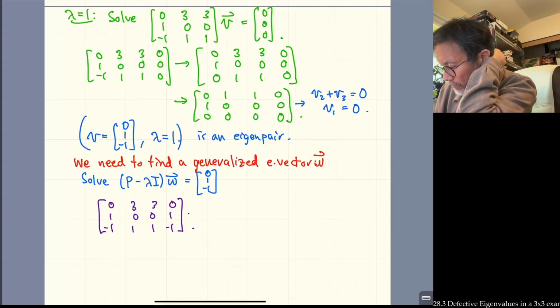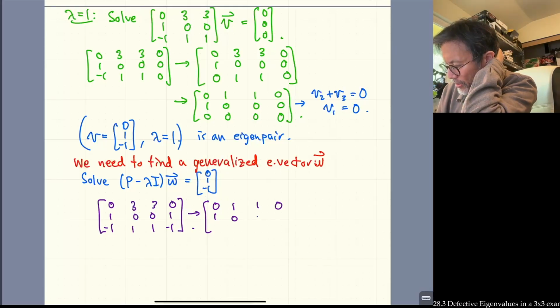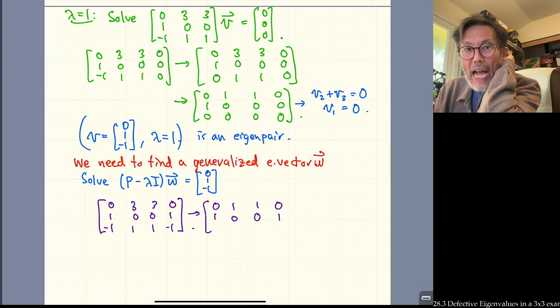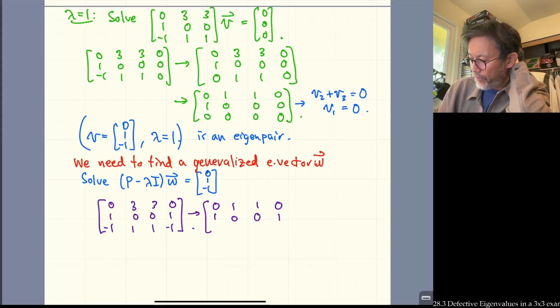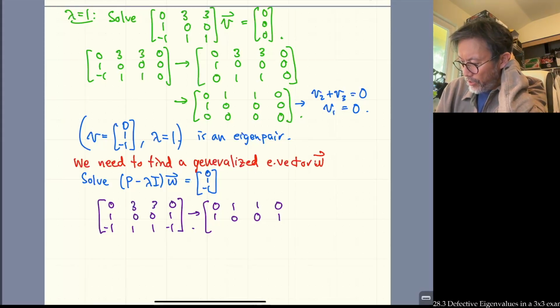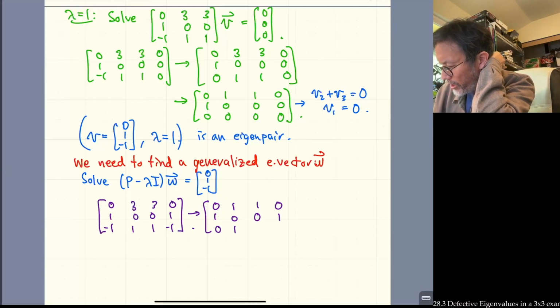Well, let's do row reduction. I'm going to multiply row 1 by 1/3. I'm going to leave row 2 intact, and I'm going to add row 2 to row 3 because I want to kill this negative 1. I like killing negative 1s.